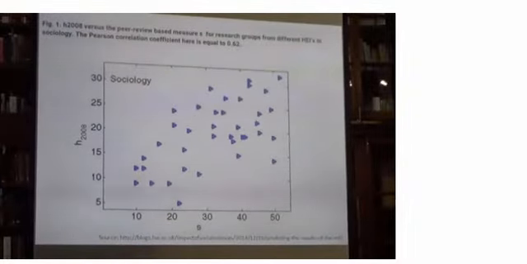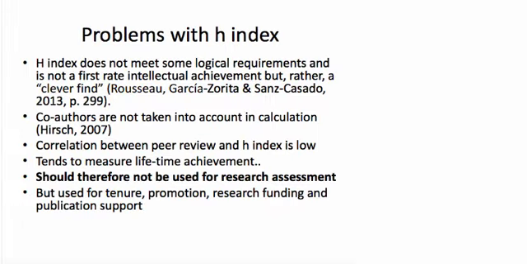So in other words, more than 2/3 of the variance in the data is not explained by H-index. Also, the H-index tends to measure, albeit incorrectly in most of the times, the lifetime achievement of the researchers. It's not for short-term evaluation at all.